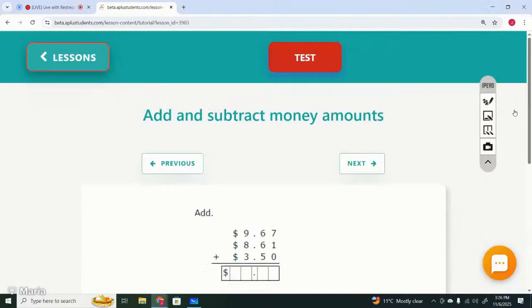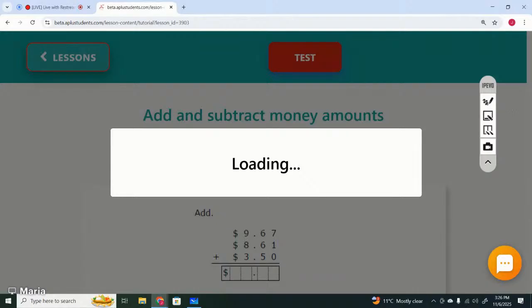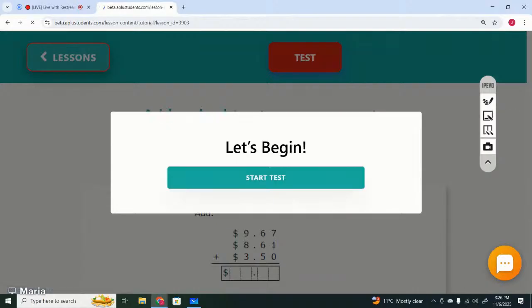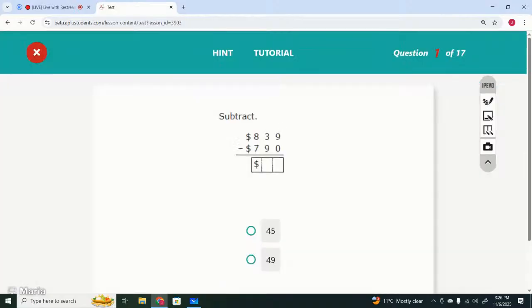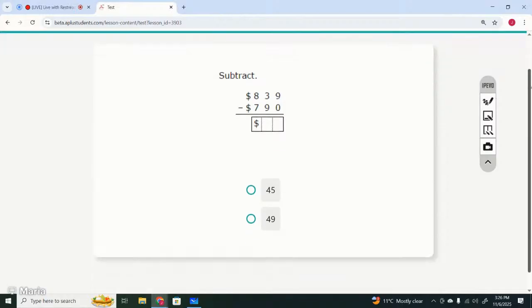Let's just start with the test questions. Subtract $839 minus $739.